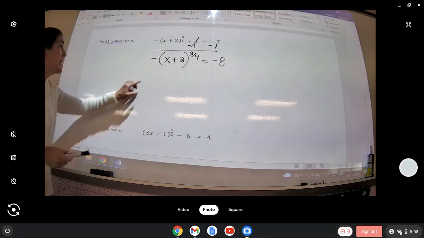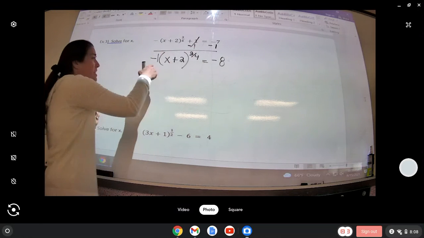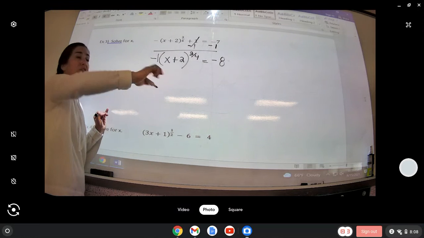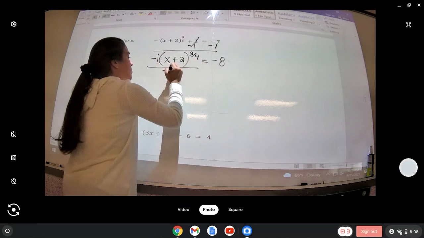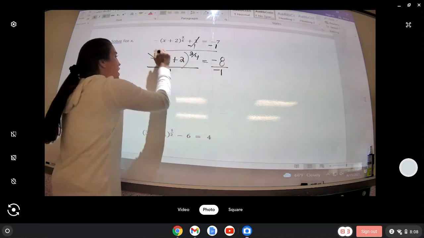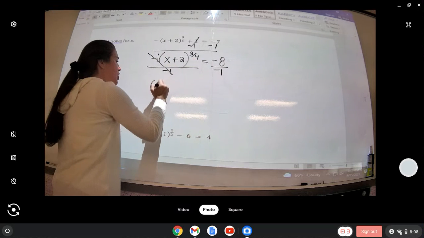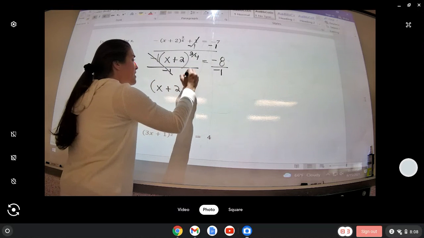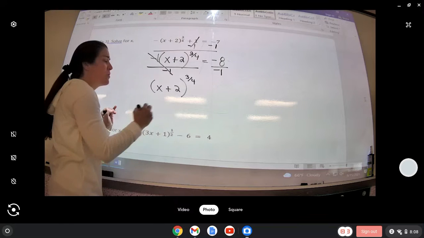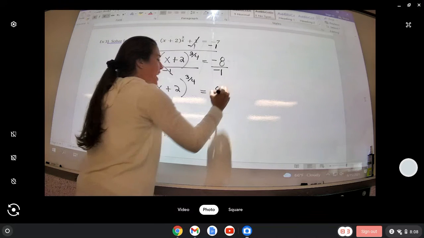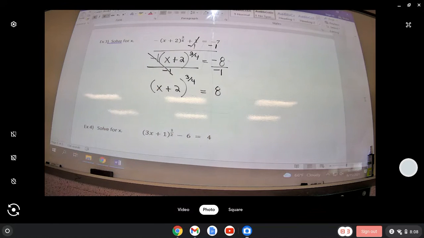Think of this as a negative 1. It's attached by multiplication, so we'll divide it away. Then you are left with x plus 2 raised to a power of 3/4 equals positive 8. So now we're good to go.